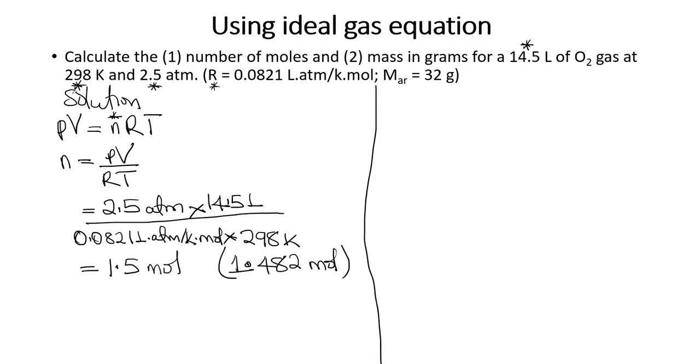But our answer to two significant figures, so I would say 2SF, is 1.5 mole. But from the calculation, our answer is 1.482 mole. But this is your answer for this problem here.